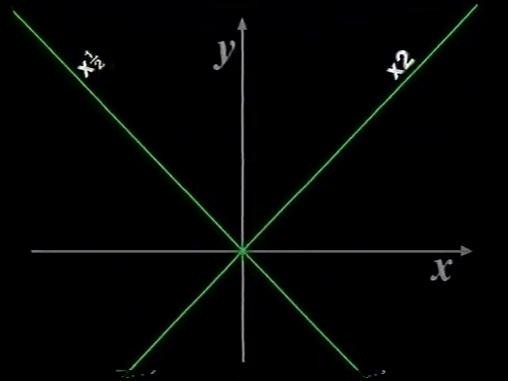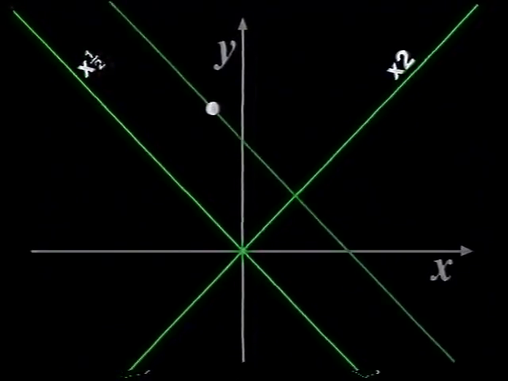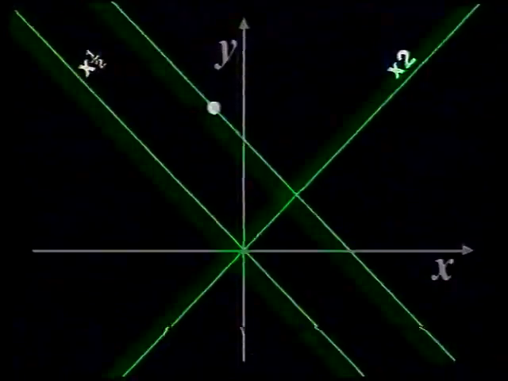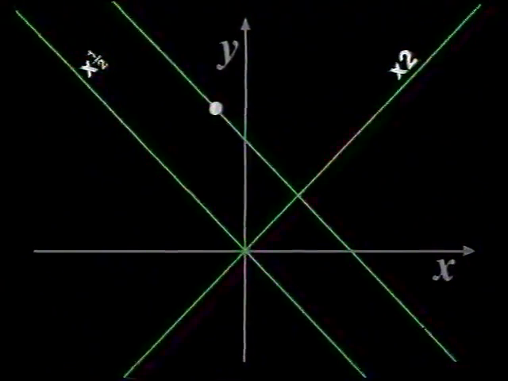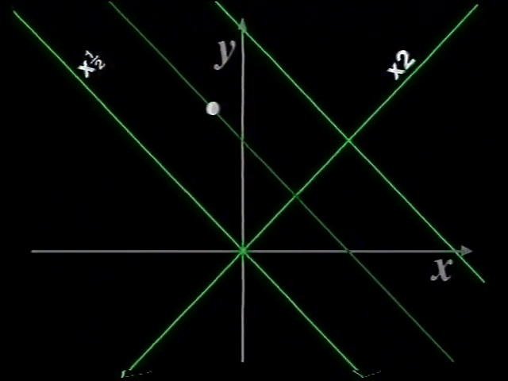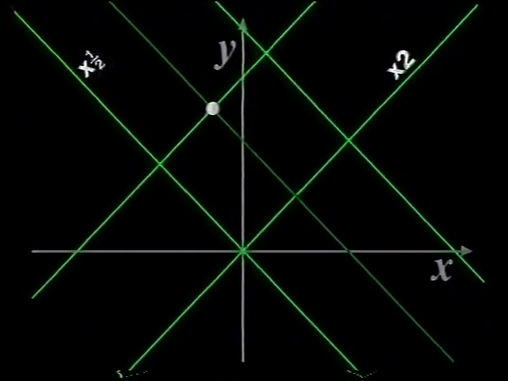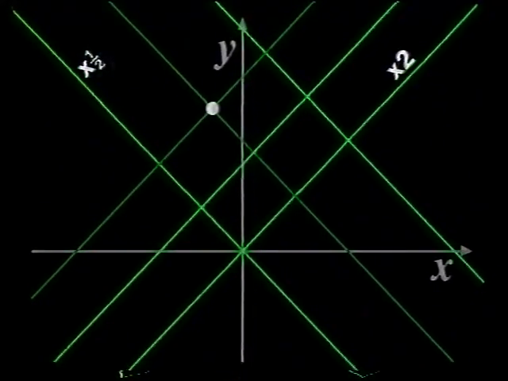But what we're really interested in is what happens to a point like this. Well, in order to find out, we'll put a line through the point parallel to one of the eigenlines. We know what its image is. Then we take a line through the point parallel to the other eigenline. Here's its image. So the image of the original point must be the point of intersection of the two image lines.